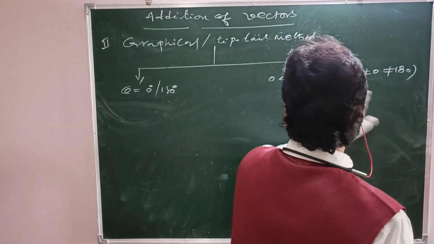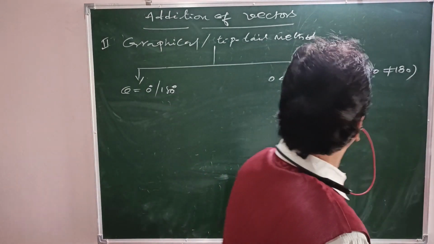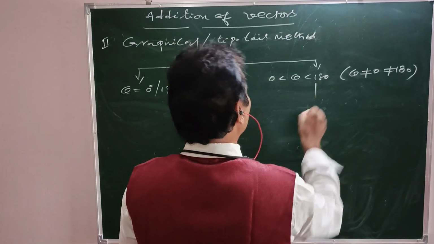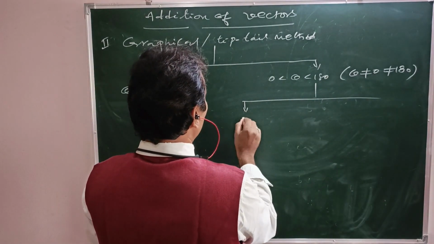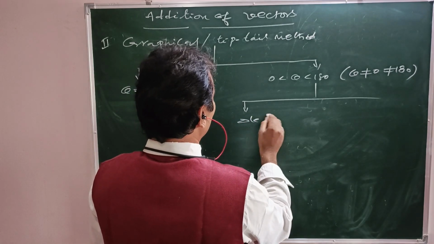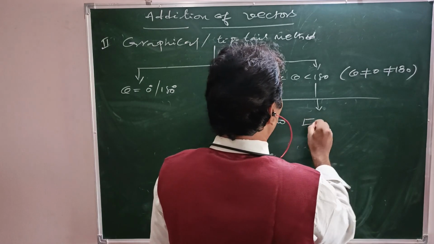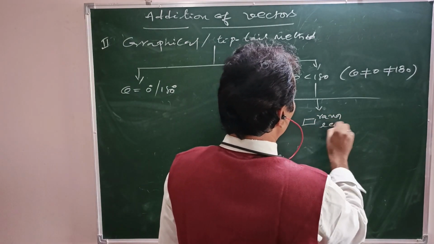Okay. Now when theta is not equal to 0, not equal to 180, in this case we have three options. Number one, triangle law of addition. Number two, parallelogram law of addition.